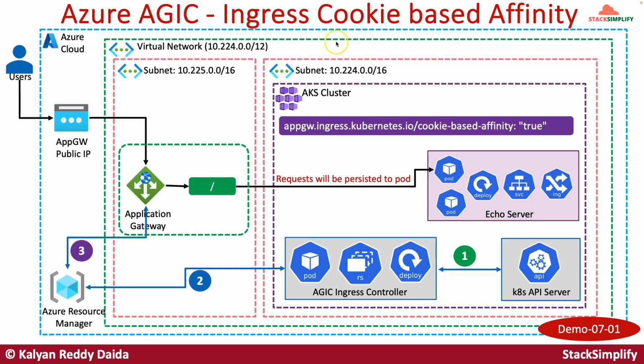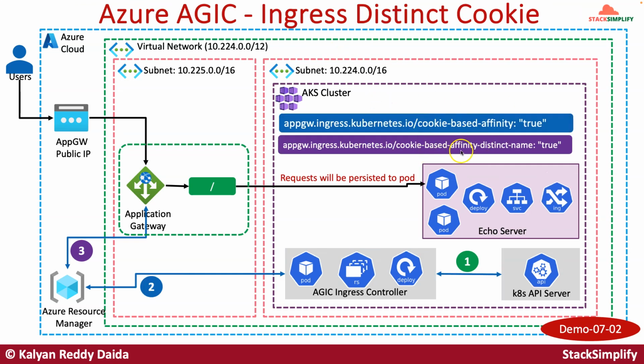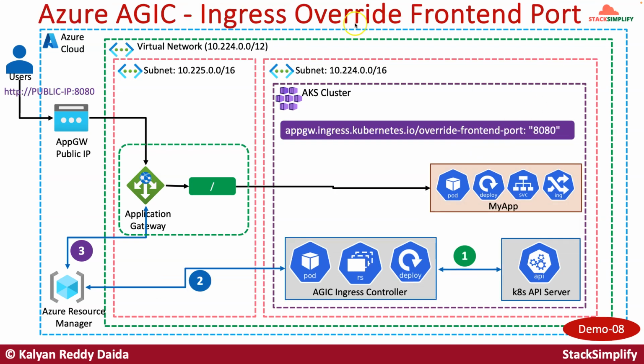Here with cookie-based affinity, we are going to have 2 demos, and in addition we are also going to have a cookie-based affinity distinct name related demo. After these 2 demos, we'll also implement Ingress override front-end port. Your application gateway front-end port can be overridden by defining an annotation in the Ingress service with the desired port number. We are going to do that as part of this demo.